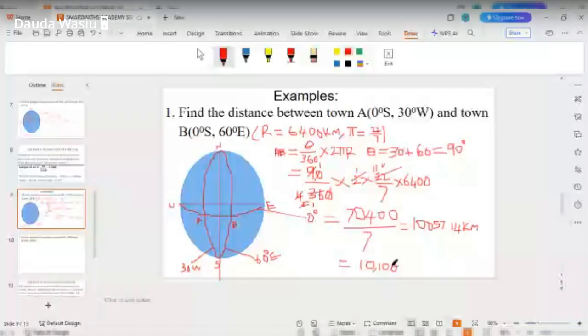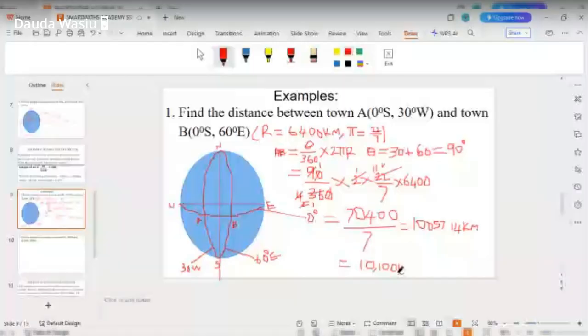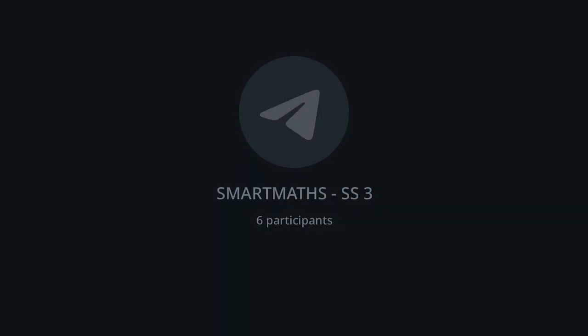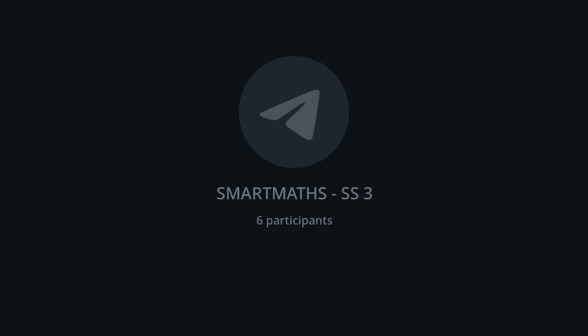That is the three significant figures. So this is the solution to question number 1 under distance along great circle. I've told you the distance along the equator is also the distance along the great circle. That's the only great circle on the latitude.